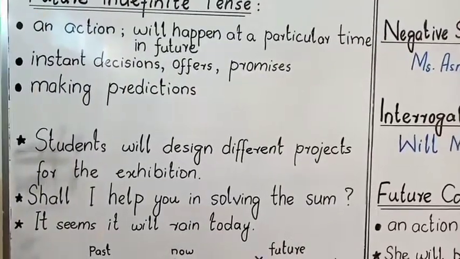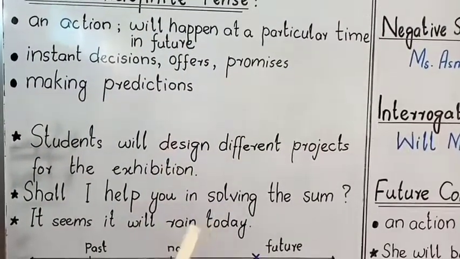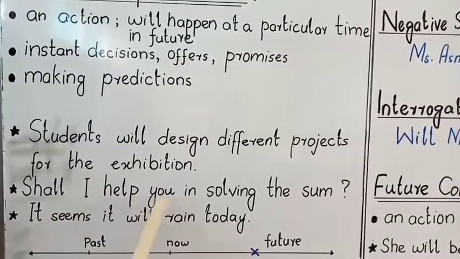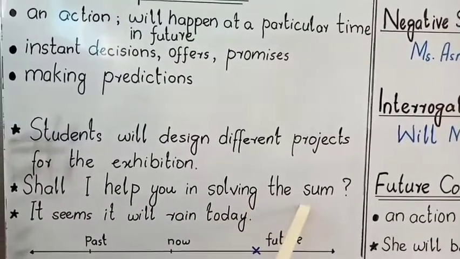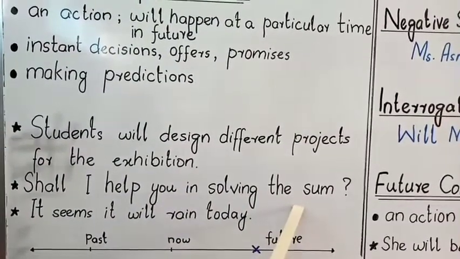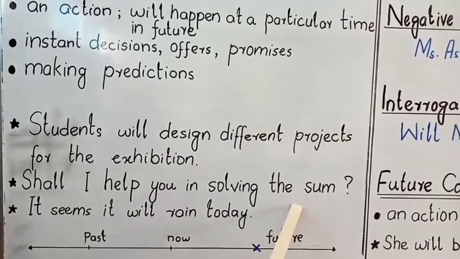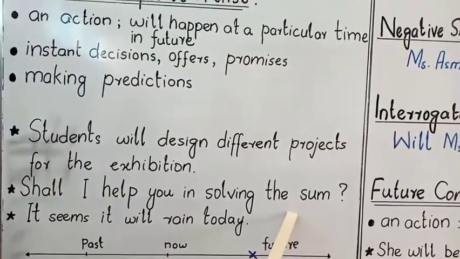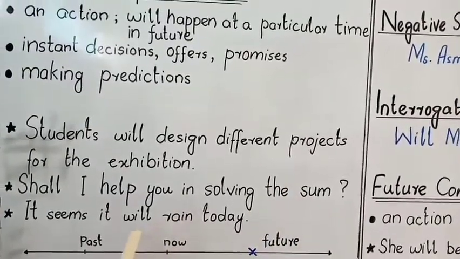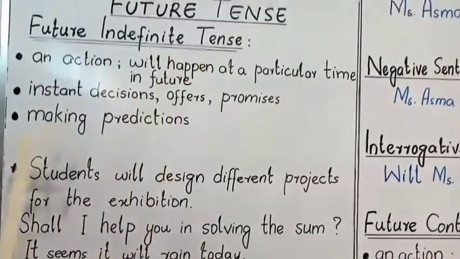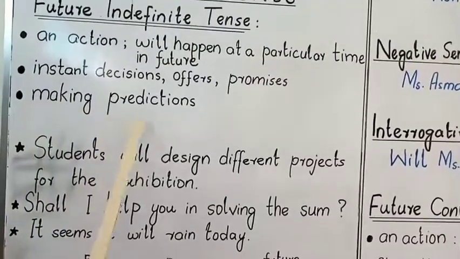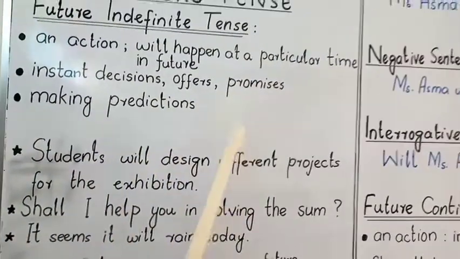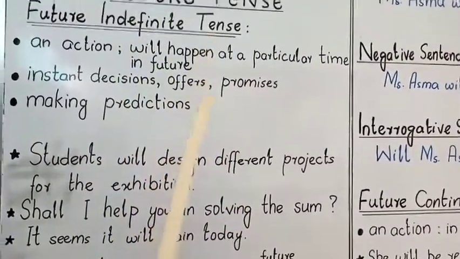So you can say, shall I help you in solving the sum? So that's a kind of offer. So we can use future indefinite tense when we offer somebody. And we also use future indefinite tense when we make predictions. For future predictions, we also use future indefinite tense.